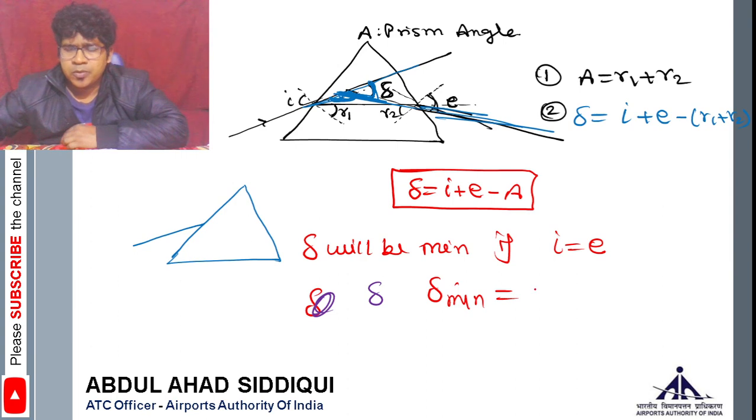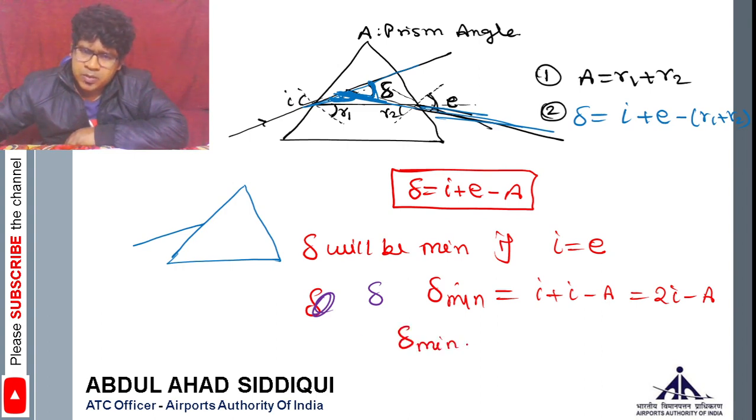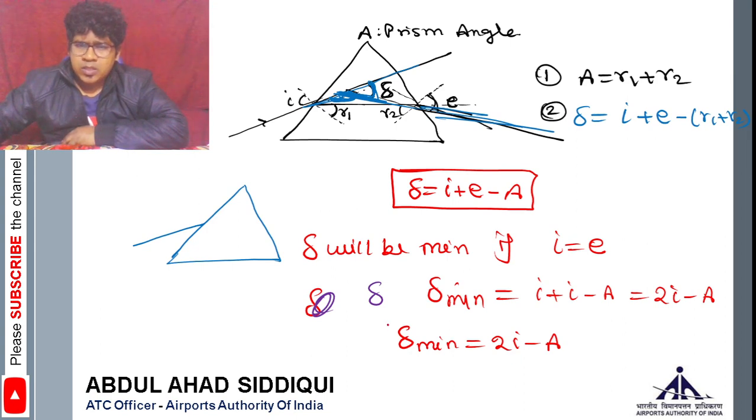Delta minimum is equal to I plus I minus A, so it will be 2I minus A. Okay, delta minimum is equal to 2I minus A. Just remember this formula. Guys, try to understand from here. This is another formula.